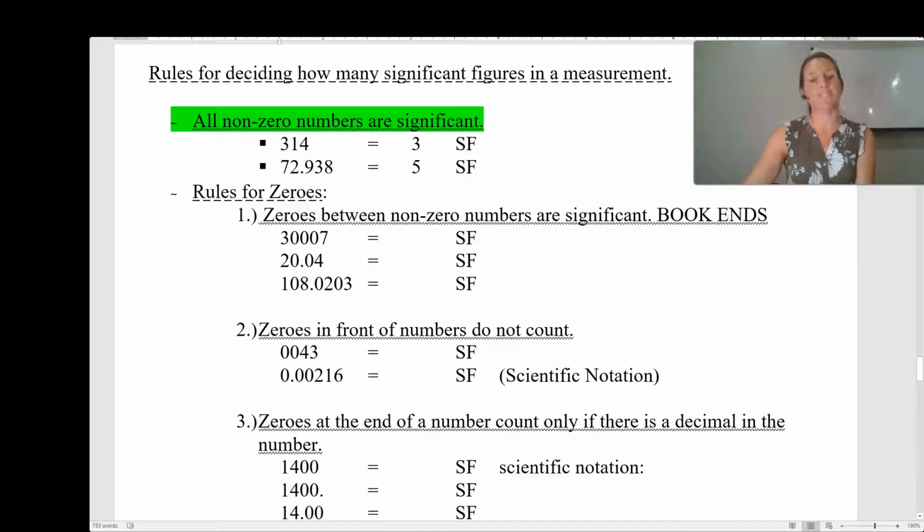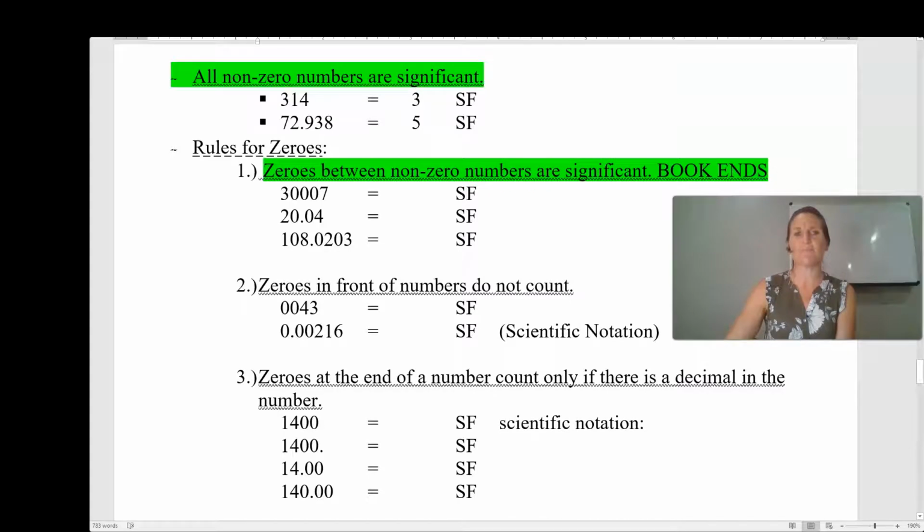Now, our zeros are where things get a little bit different. Sometimes zeros are significant and other times they're not. They're just placeholders. And so one of our jobs is to determine, is the zero significant or a placeholder? And there are 3 rules to help you determine the significance of a zero. First rule is that zeros between non-zero numbers are always significant.